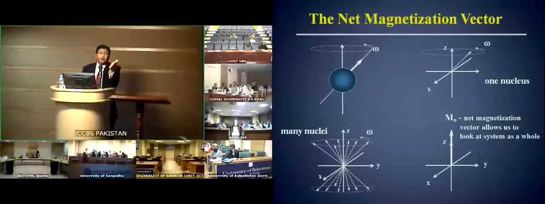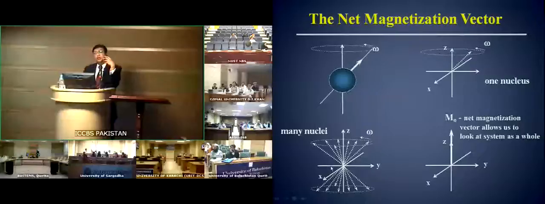Okay. Now, all of them are vectors. It is a cone which represents the precession frequency, so you have a cone of these precession frequencies. You see, all of these vectors have the same magnitude but opposite direction. You agree?